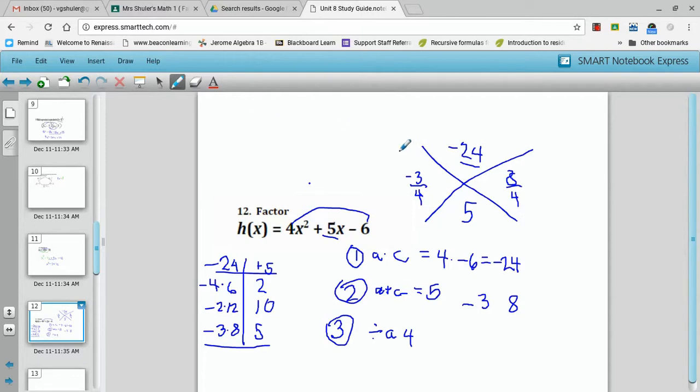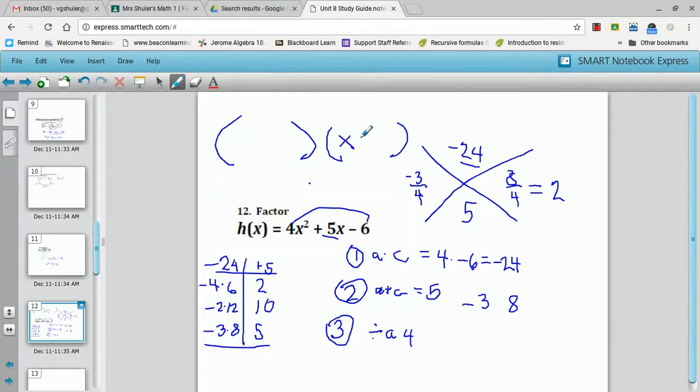And then we're going to find the answer. Well, this fraction doesn't reduce. This fraction does. 8 over 4 reduces to a 2. So let's now do our parentheses. Okay, we know we have an x plus 2. That's our right-hand side.